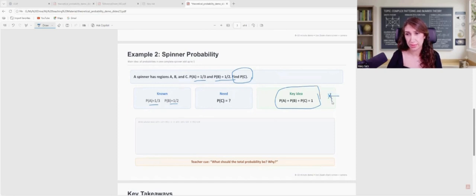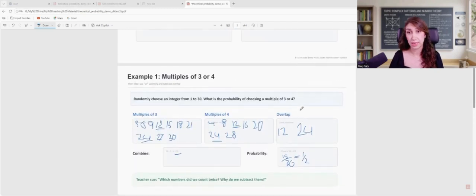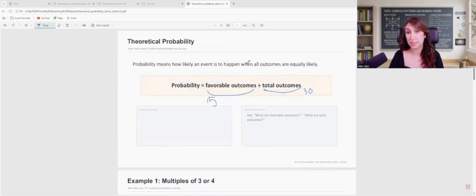Look at this. Here we have the key idea, which says all probabilities together must add up to 1, because when we want to find it, the numerator is equal to the denominator, because the favorable outcomes would be equal to total outcomes.